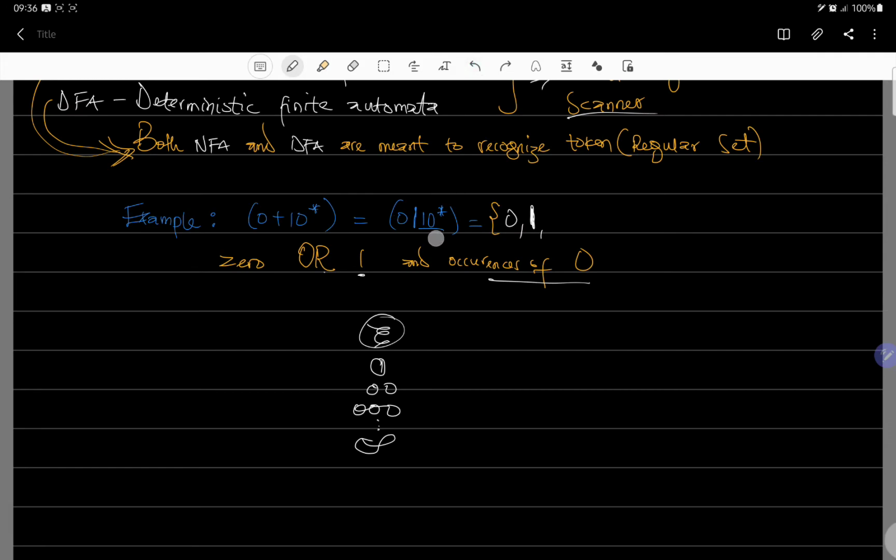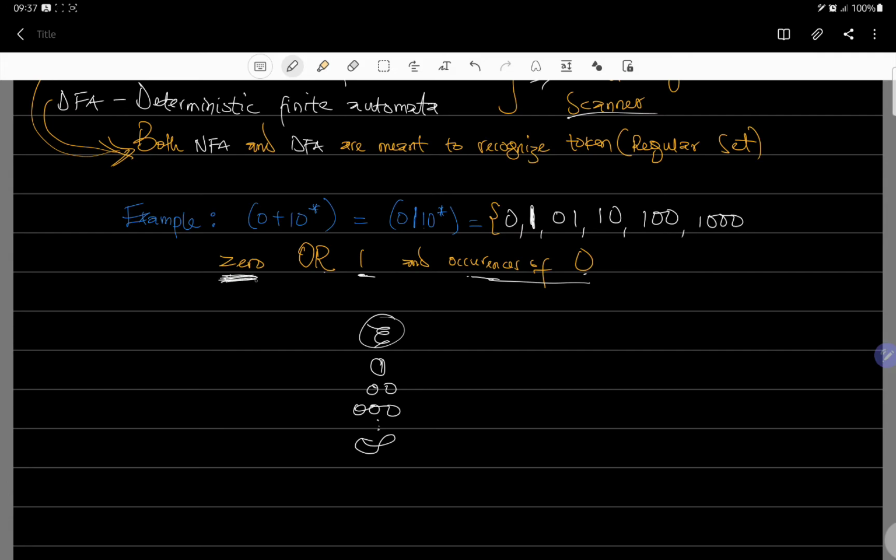So let's continue. Let's say the next set is both of them: this one came and 1 also came, but for the occurrences of 0, nothing came, so you can have 0 1, comma. Another example: 0 did not come at all, 1 came, and 1 occurrence of 0 came, that means 1 0, or 2 occurrences of 0 came, 1 0 0, or 3 occurrences, 1 0 0 0.